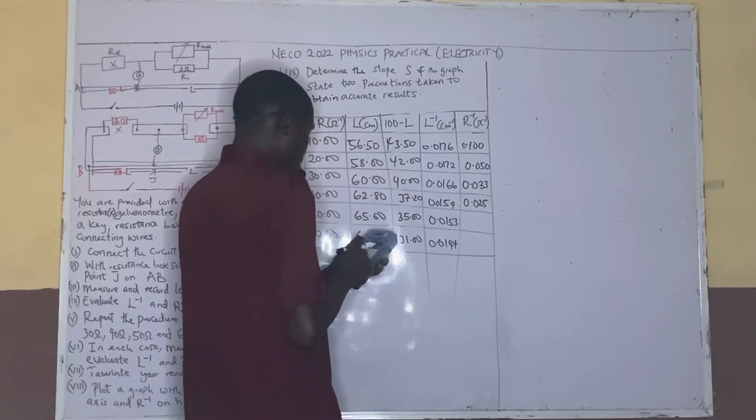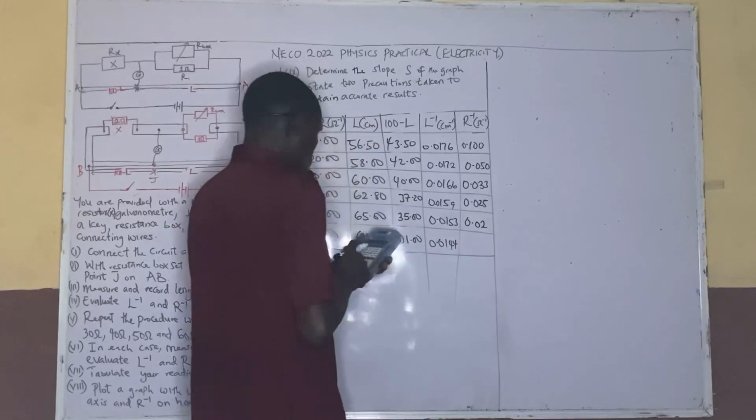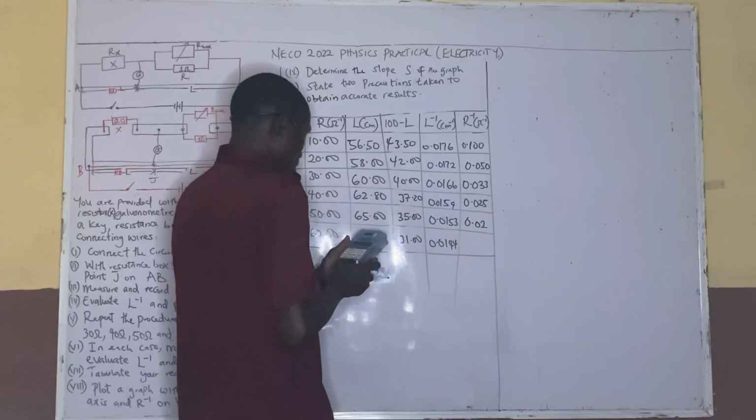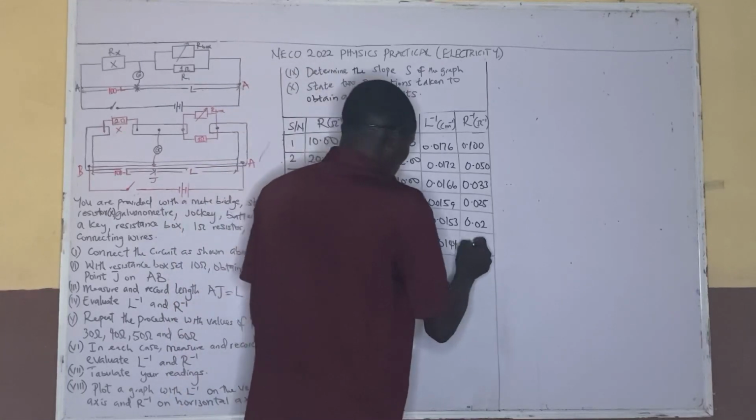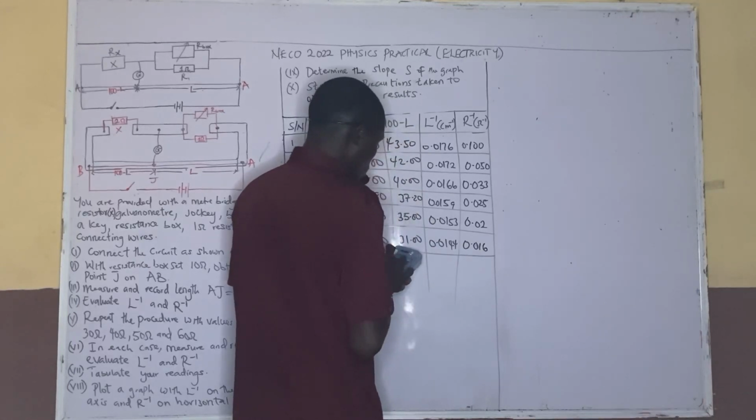Then 1 divided by 50, 0.02. 1 divided by 60, we have 0.016.